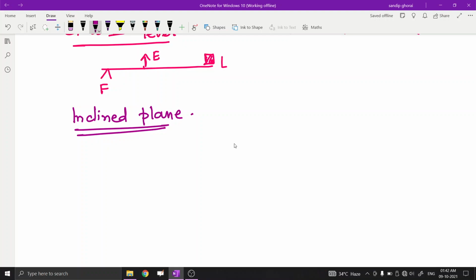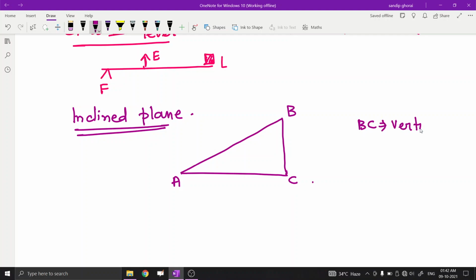Okay, so if we take an inclined plane like that, this is the block diagram of inclined plane, and if we name it A, B and C, here BC is the vertical height and AB is the inclined surface.